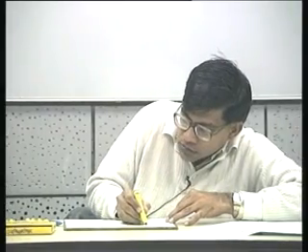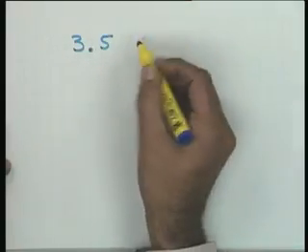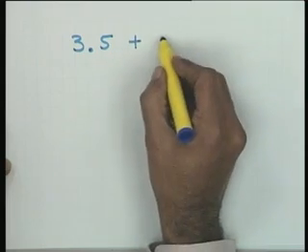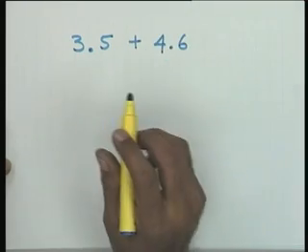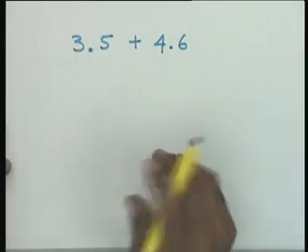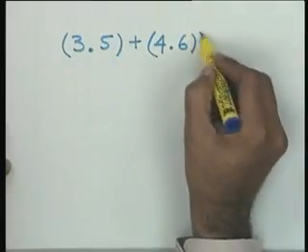So, for example, let us say an arithmetic expression like 3 multiplied by 5 plus 4 multiplied by 6. In our normal arithmetic, there is an implicit order. This is the order.